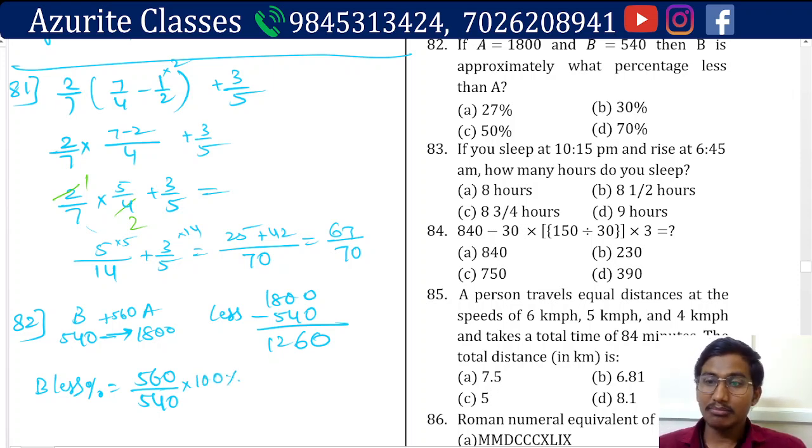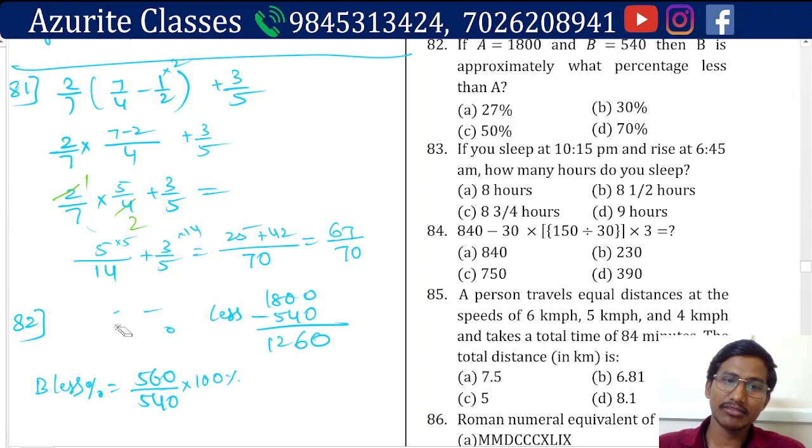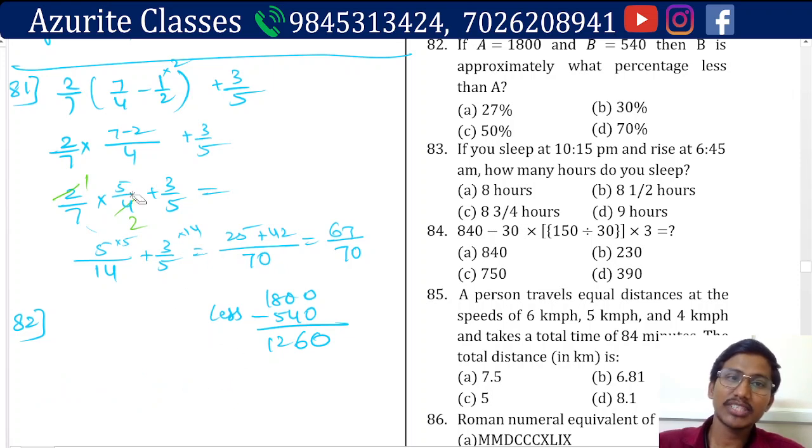B is how much percent less than A, they are telling. Okay, less we have to find it, sorry. So we have to write it in reverse. So it will not be coming like this. Percentage of A they are asking, right? So 1800 is A and B is 540. How much less? That is 1260 less.